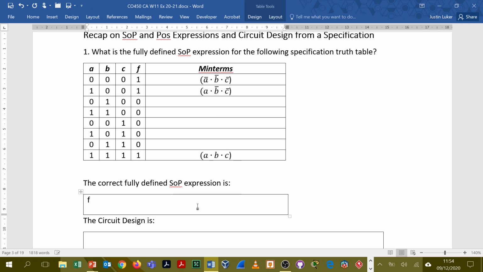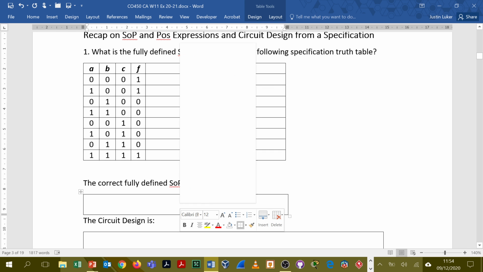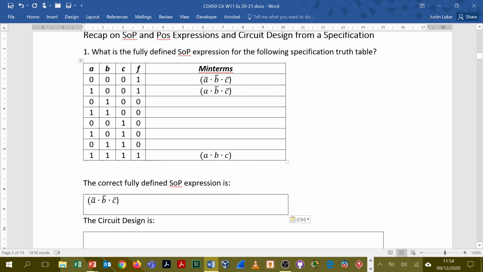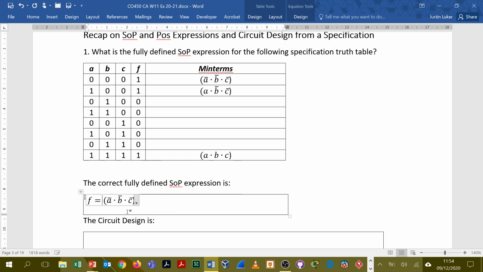So let's put it as an expression again, to give me a head start on the expression builder in Word here. So F equals, there's the first min term already done, and remember the next level then is OR. Copy that bit.